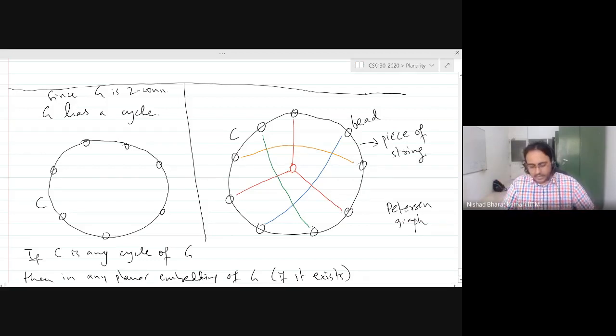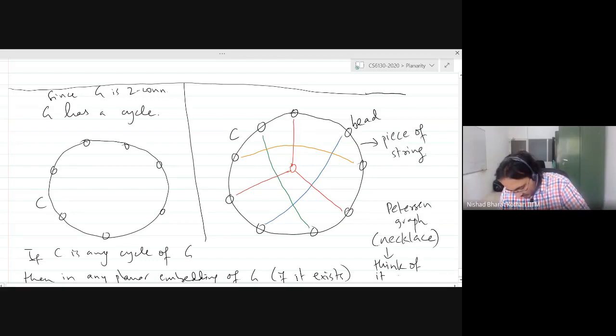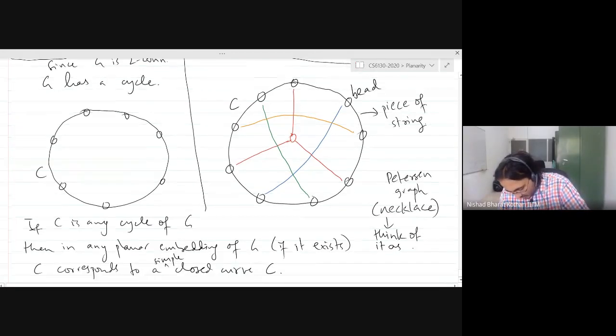So think of it like some kind of fancy necklace. If I were to have a necklace, I would definitely choose the Peterson graph. It is a necklace with beads and strings.